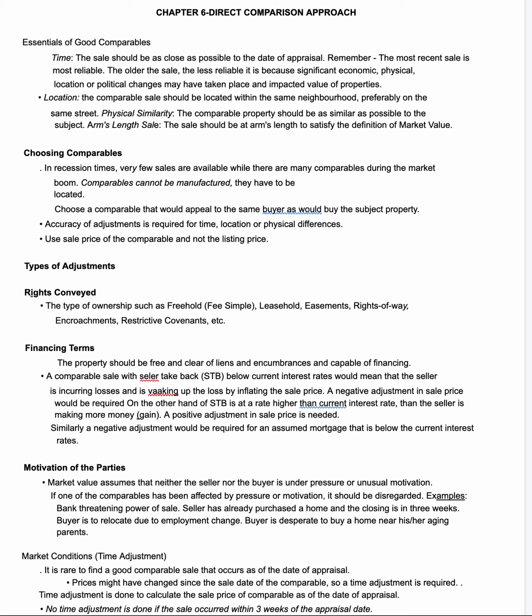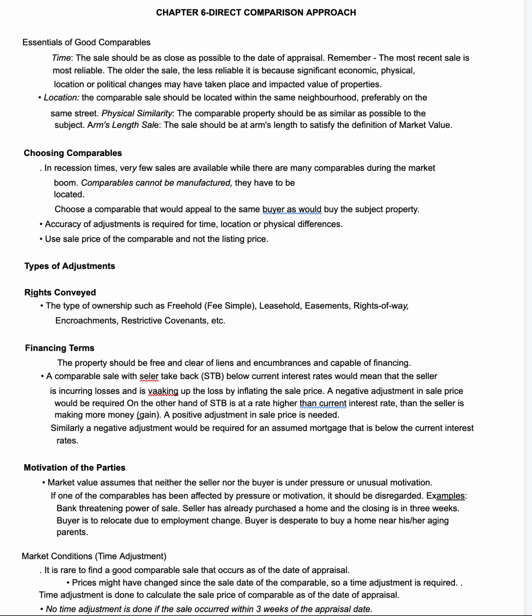Types of adjustments: rights conveyed by the transaction, financing terms, motivation of the parties, market conditions, location, and physical characteristics. So the first type of adjustment is rights conveyed by the transaction. This involves the type of ownership that a person has in the property being appraised and the legal rights affecting it.